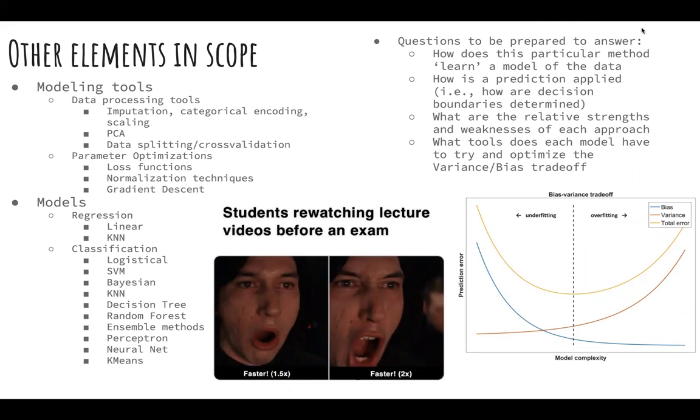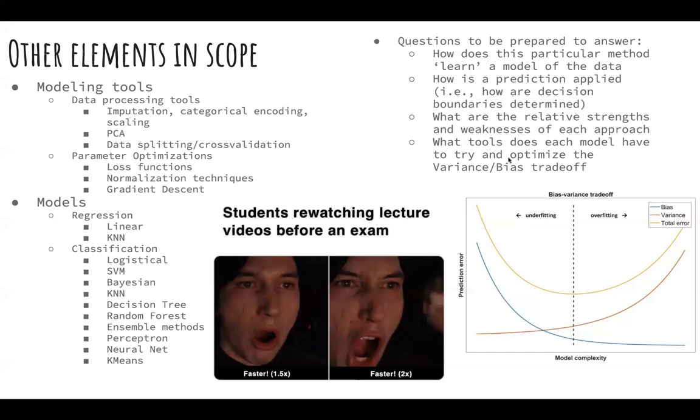Yeah, and again, I'll talk about this a little bit. Like I said, be prepared to have a conceptual understanding of how a particular model learns the model of the data, how a prediction is then applied, how the decision boundary is generated and determined, and its strengths and weaknesses.